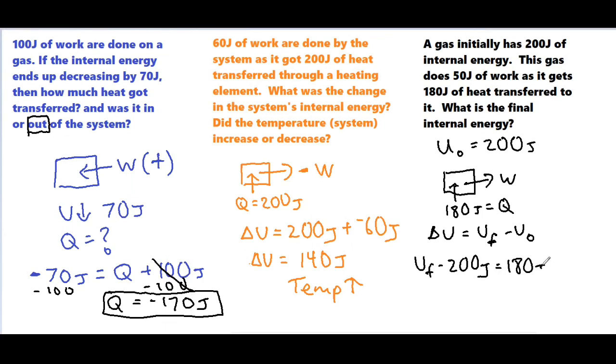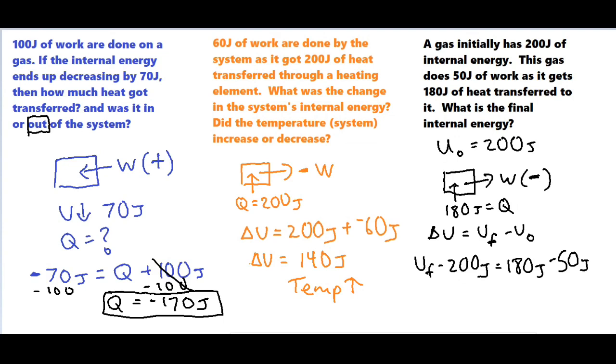We said that was positive going into the system. And then we also have minus 50 because the work is going from the system to the surroundings, or applied by the system to the surroundings.